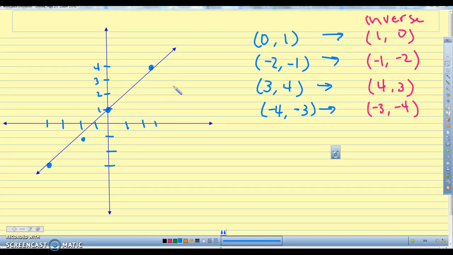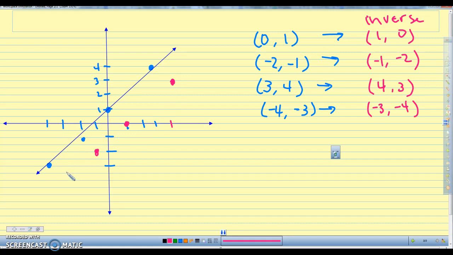And so then I graph my inverse line. So now I'm looking at 1, 0. And -1, -2. And 4, 3.